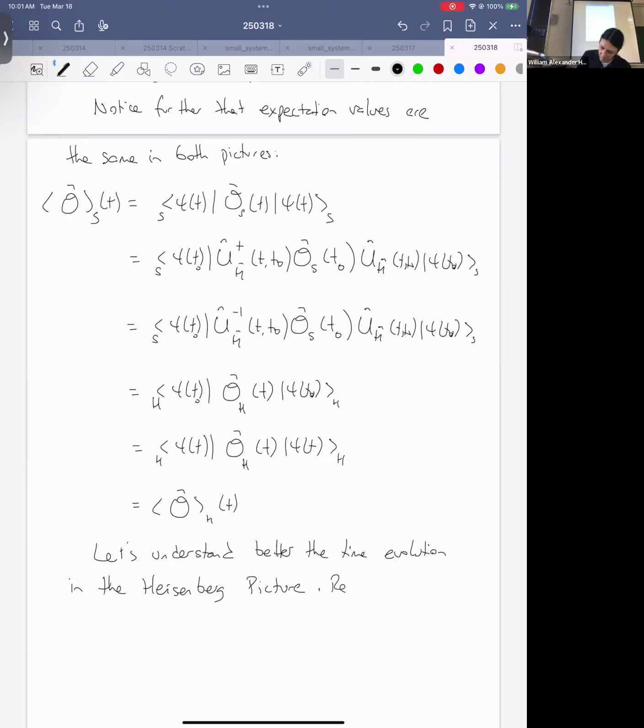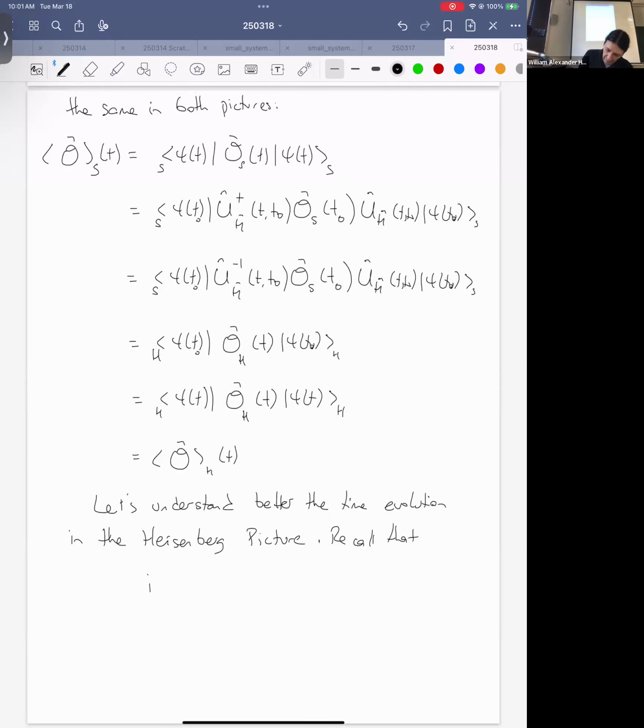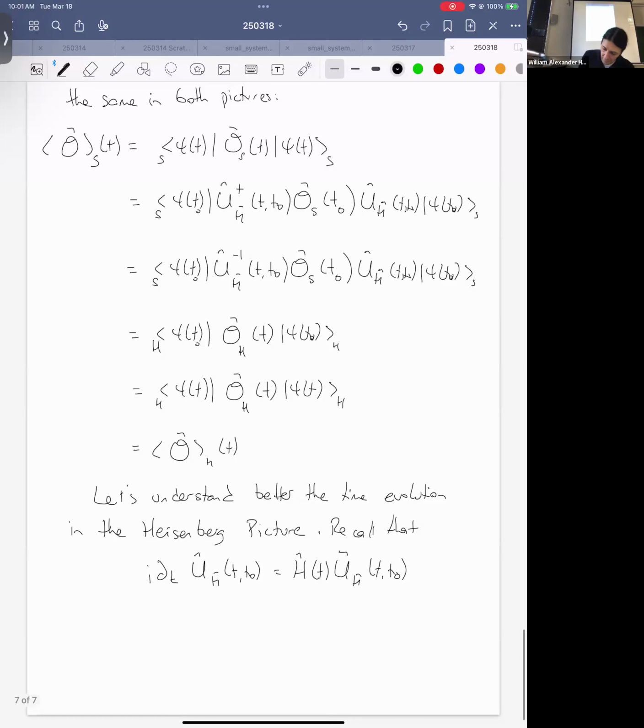So recall that i partial t of my time evolution operator is the Hamiltonian at time t times the time evolution operator, U(t, t0), which we know how to solve.